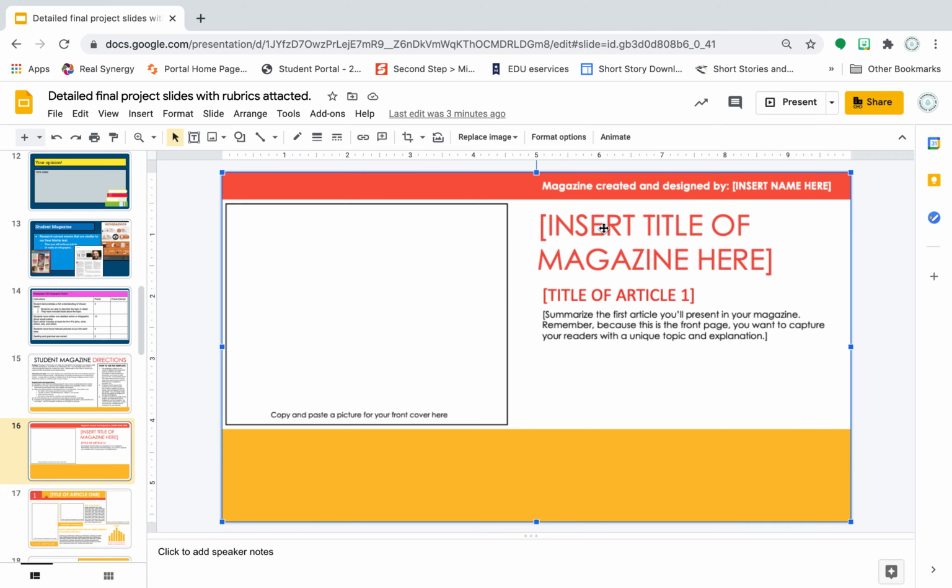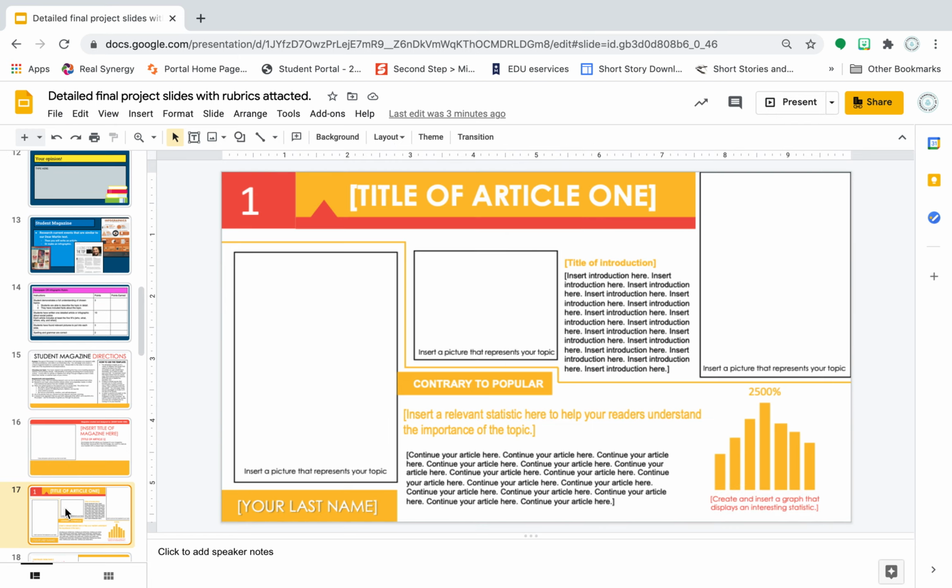You're going to have a title of your magazine. It can be something that you read, something that you're interested in, or something that you make up. It can be a fictional magazine. And then here's where you're going to write your title and a little brief summary of your topic.